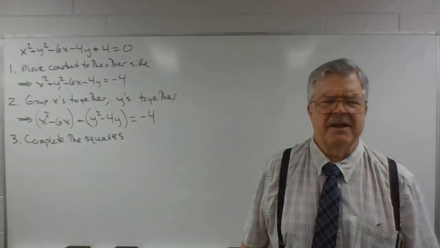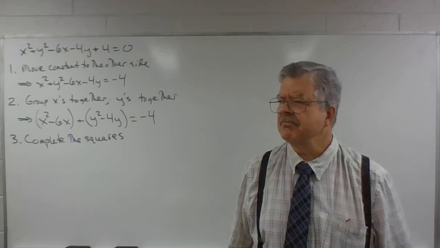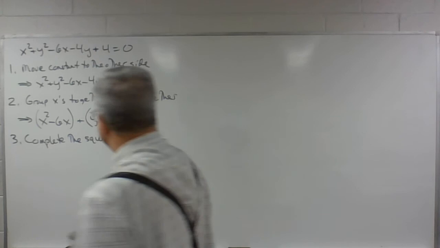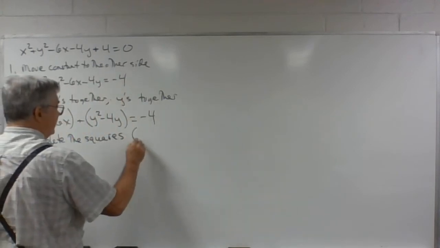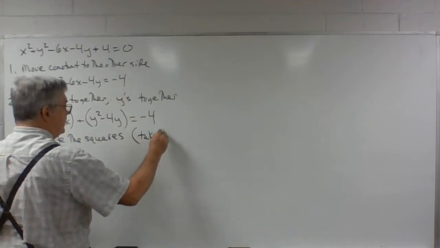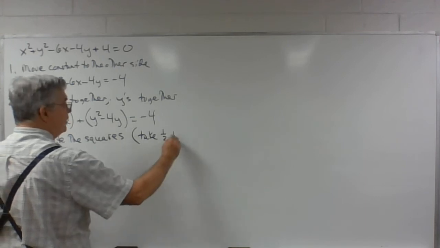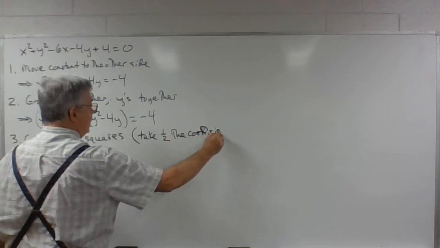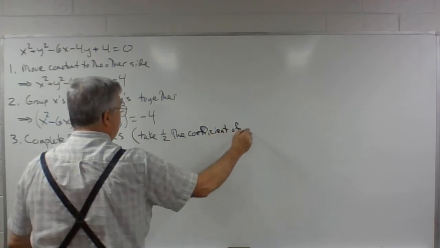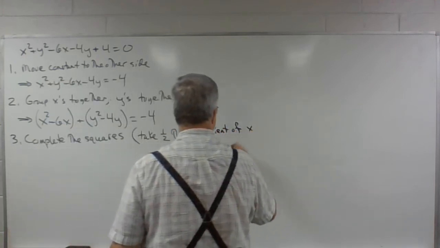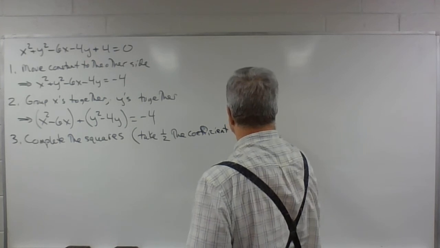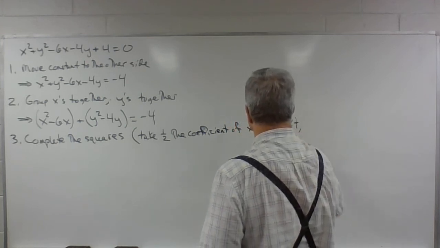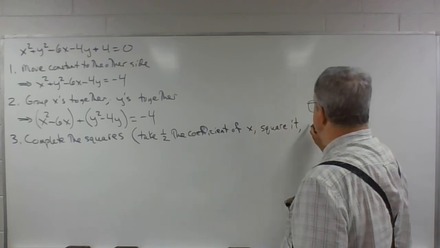How do we do that? Do we remember? I'll tell you what I remember. We take 1/2 the coefficient of x, square it, add to both sides.